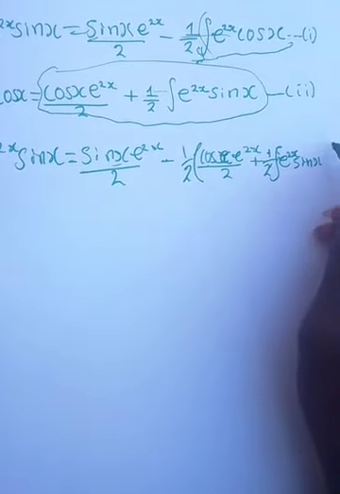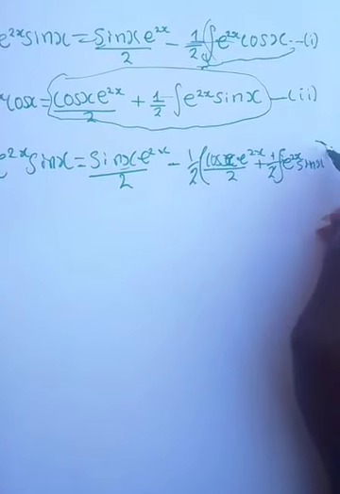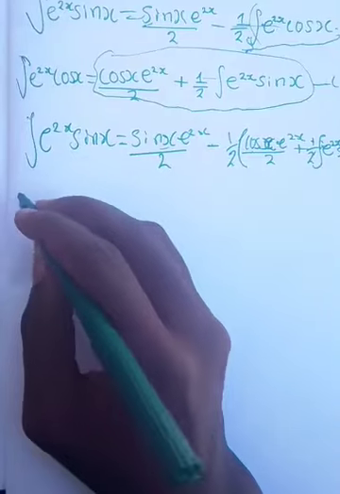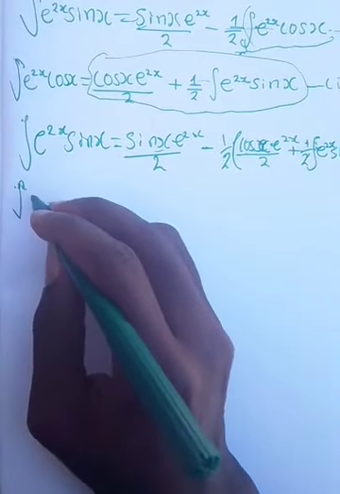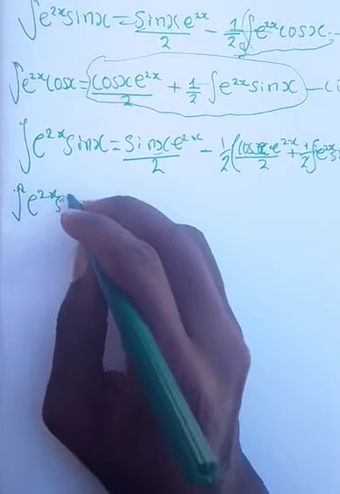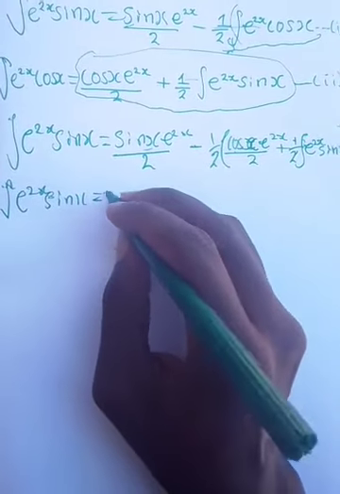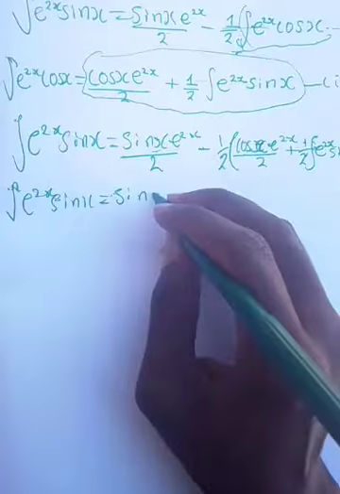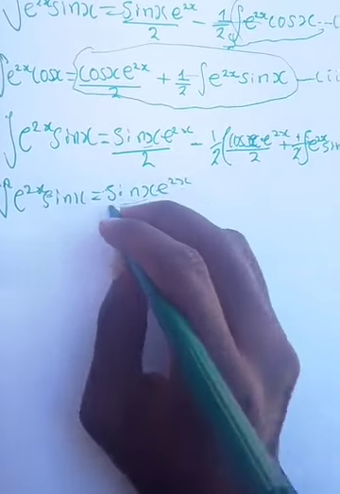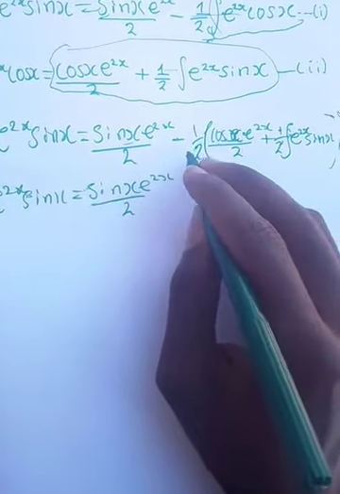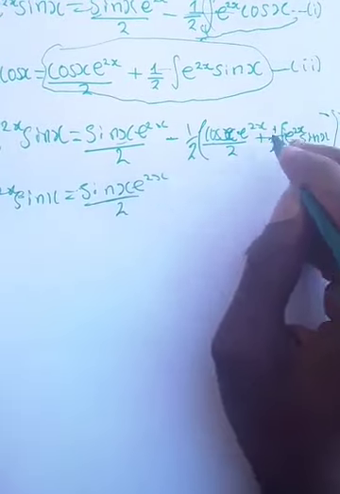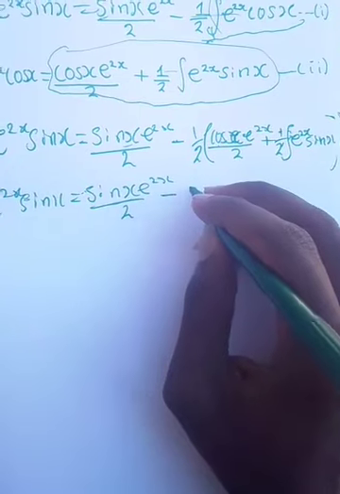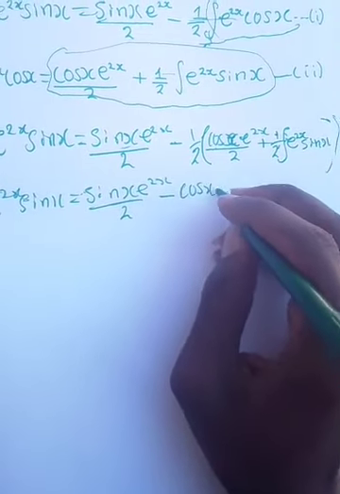Yeah, so now let's simplify. So right now our job is to simplify. So e^(2x) sin x is equal to sin x e^(2x) over 2. So I'll just multiply through now. I'll say negative cos x e^(2x) over 2 times 2, that will be 4, right?